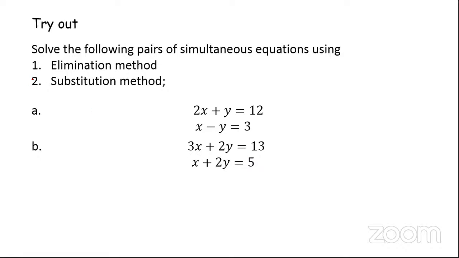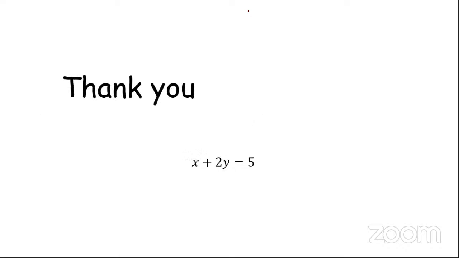Then number 2, part A, you use substitution, part B also use substitution. And then afterwards, you'll be able to check your answers, whether they are correct or wrong, after substituting back the values of x and y in those equations.